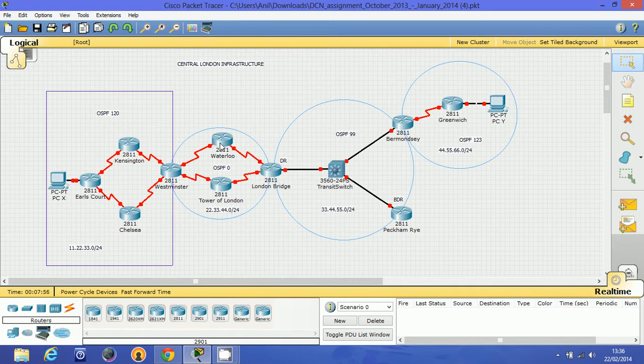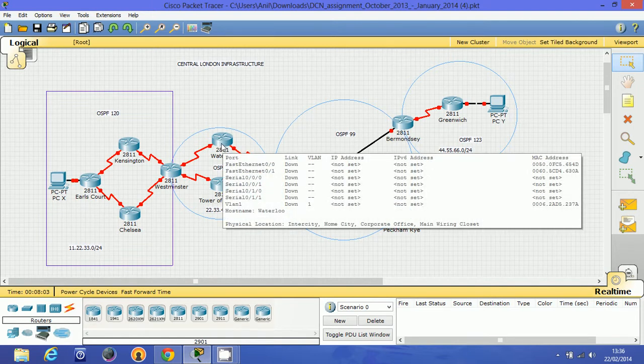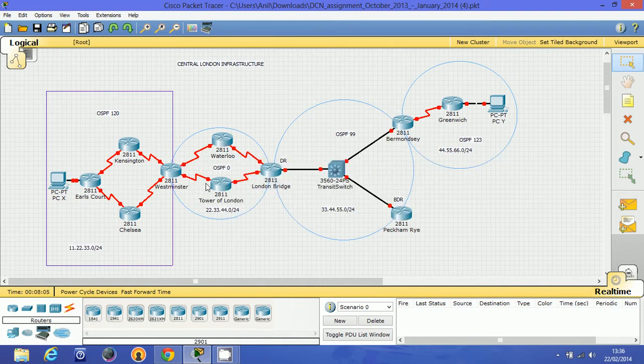This router will advertise the information only to these three routers.